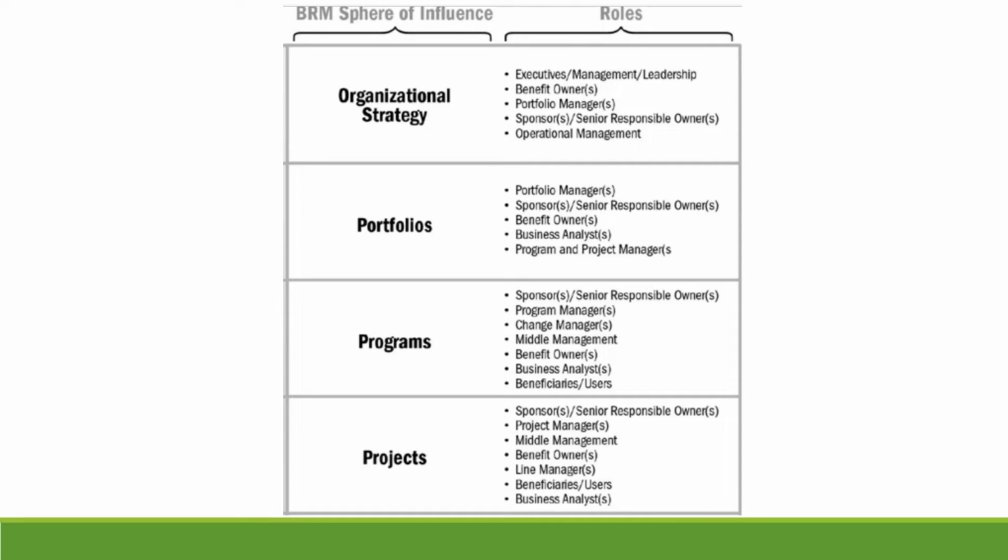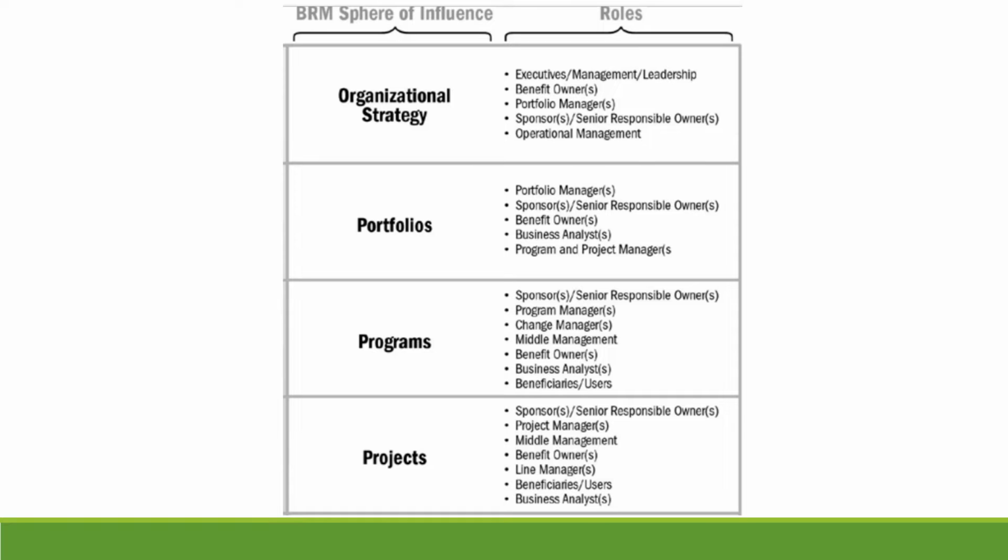So this particular picture talks about BRM sphere of influence and its roles. At organization strategy level, the roles influencing the organization strategy are executive leadership, benefit owners, senior responsible owners, sponsors, portfolio managers. At portfolio level, influenced by portfolio managers, sponsors, business analysts, program and project managers.